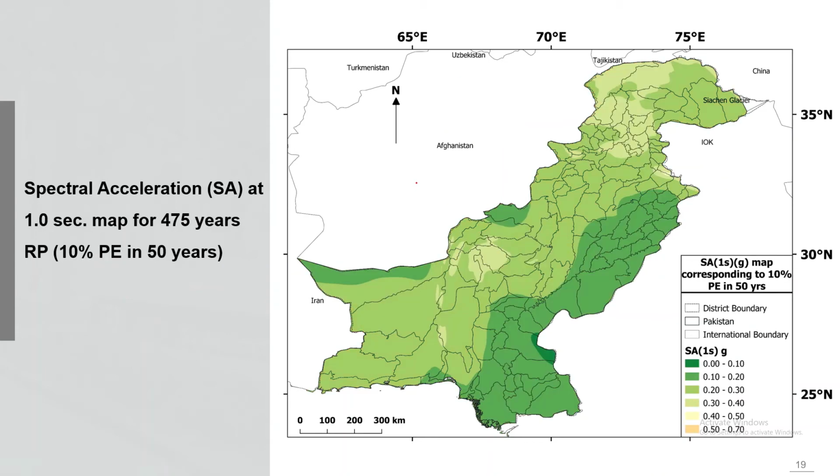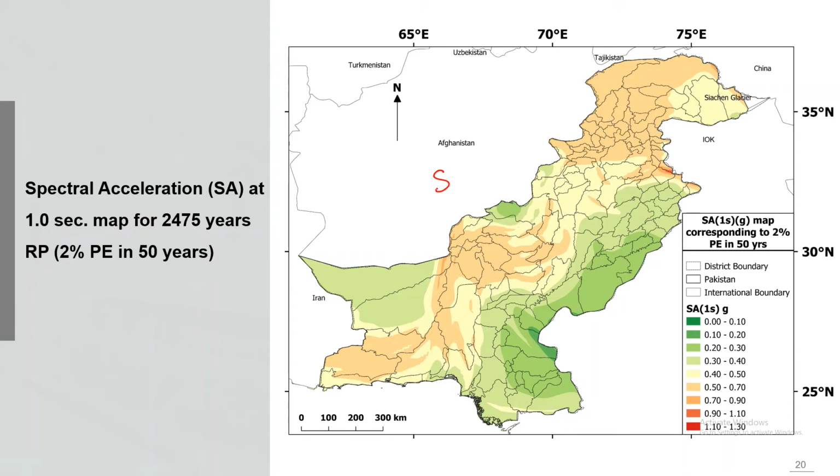This is the S1 map corresponding to DBE level, 10% probability of exceedance in 50 years, and it is calculated using the same procedure which I have been explaining for the last 2 or 3 sessions. This is the same S1 map but now for MCE level.